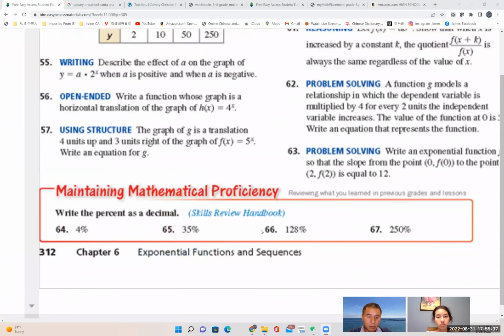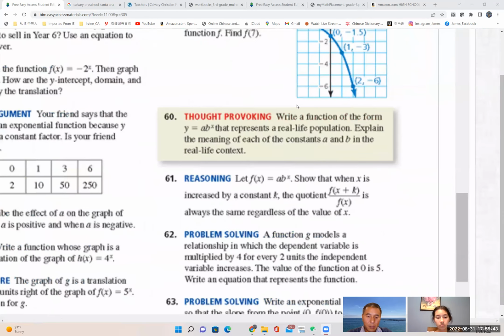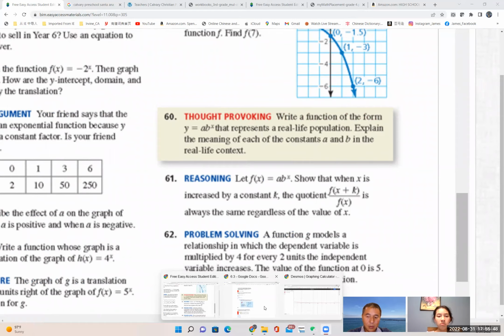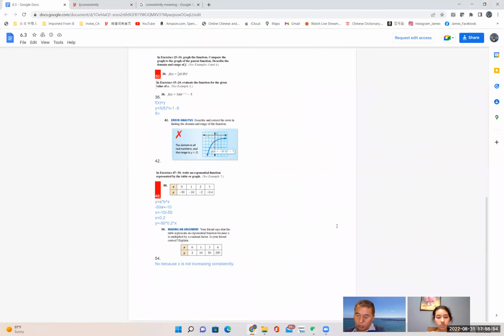We have several minutes left. 56. We don't have problem 60. Let me see. We can close this window.